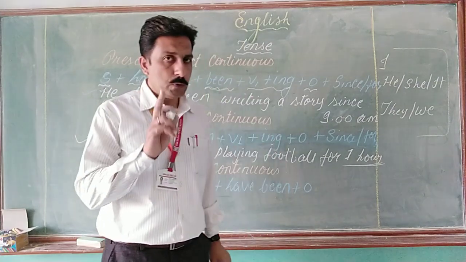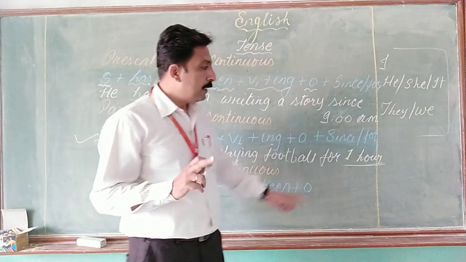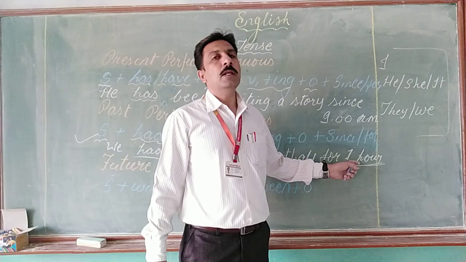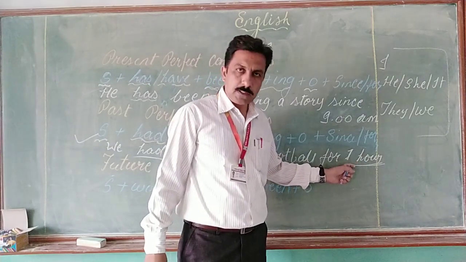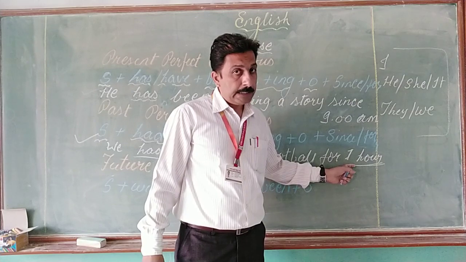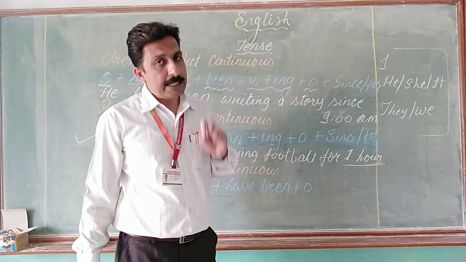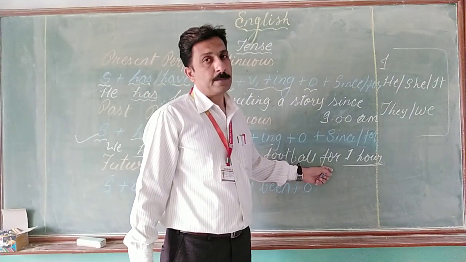So if you use the word last, L-A-S-T, before the duration, last 1 hour, last 1 day, last 1 week, last 1 month, then it also becomes specific. And in that condition, we use since.